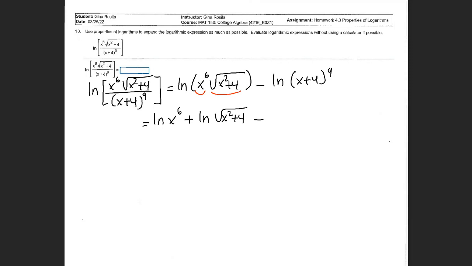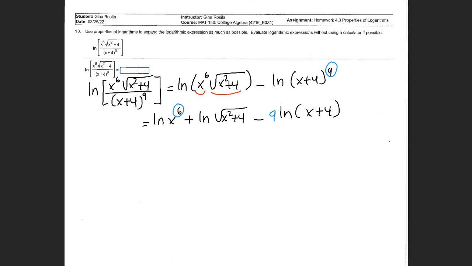Minus, remember this is power, yeah? Okay, so we can write that down. It just becomes 9 times natural log x plus 4. Again, check one by one, yeah. This is 6, yeah, power, yeah.